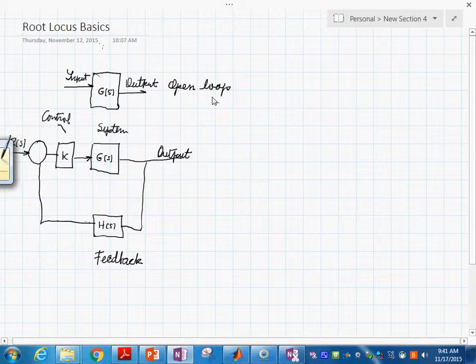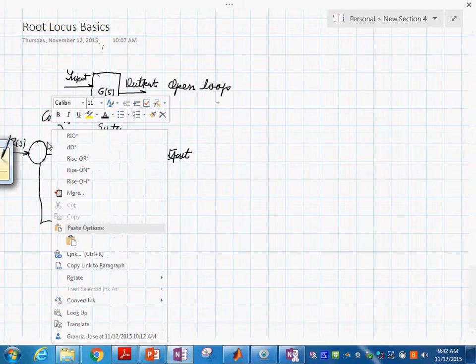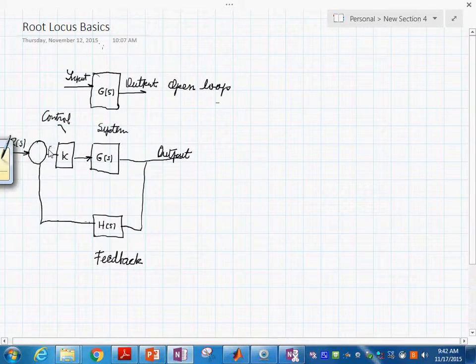So what we need to do is obtain a standard form of the transfer function. We could say that the output you see here, first of all, let's call it error. I'm going to write the letter E for error here.